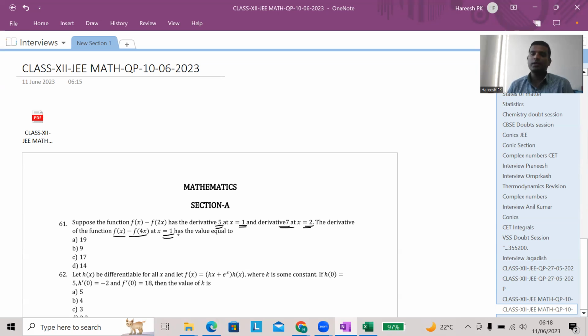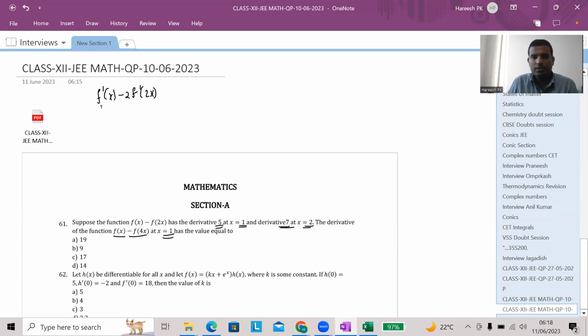Because they're asking for a derivative, naturally we'll have to differentiate the first equation, which is f of x minus f of 2x. So when I differentiate that, I'll get f dash x minus 2 times f dash 2x. And now substitute x equal to 1, x equal to 2.